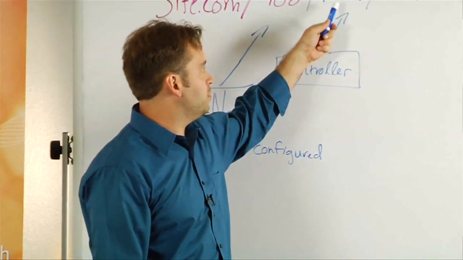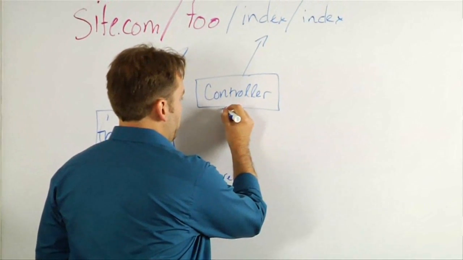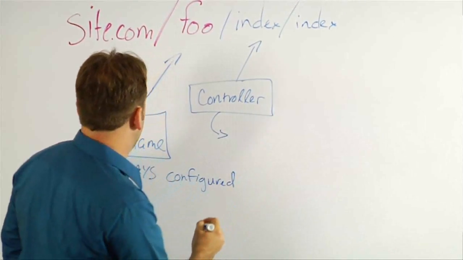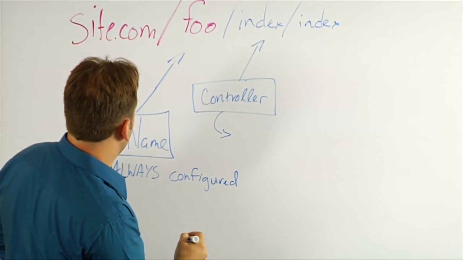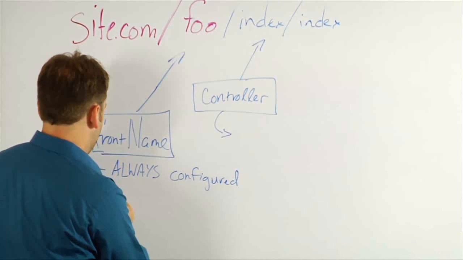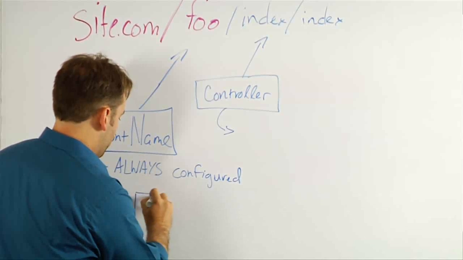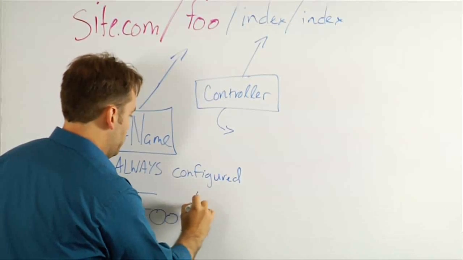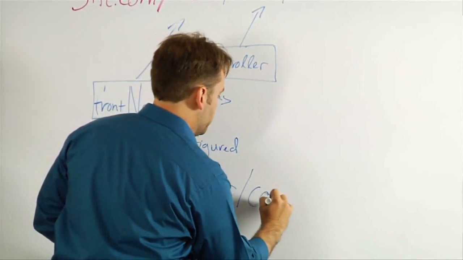And then in there, I will take this, and in this case, so I have, let me see, how can I write this a little differently here? So my front name, in this case, is going to tell me foo, bar, and then controllers.